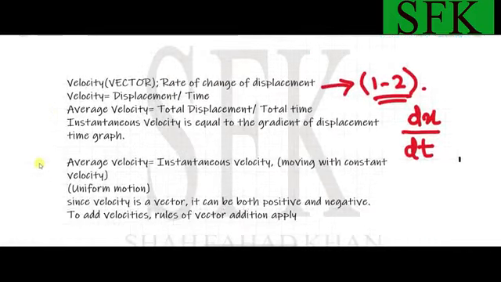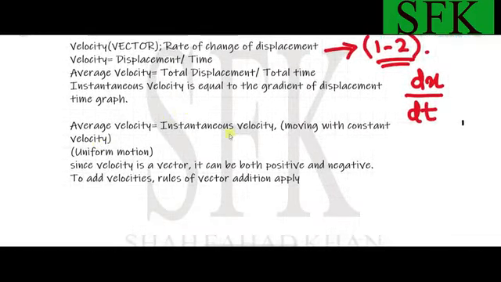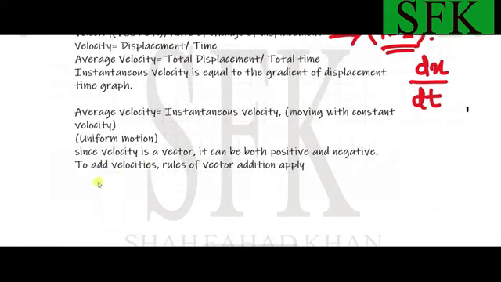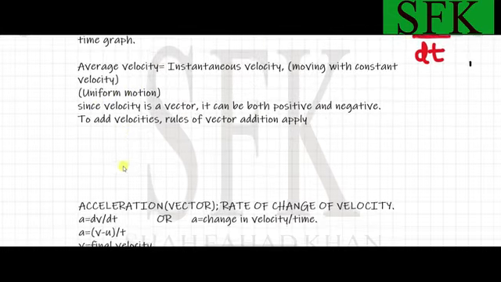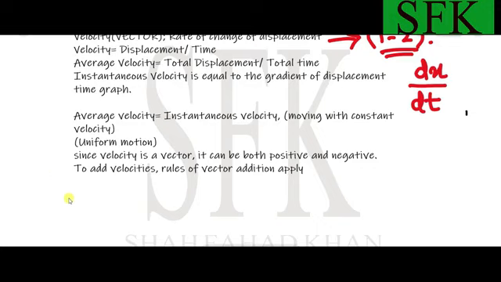Over here, when the average velocity and instantaneous velocity become equal, the body is moving with a constant velocity. Such a motion is known as uniform motion. And in this case, since the velocity isn't changing, we say that the acceleration is zero. But we'll talk about acceleration after velocity in a bit more detail.